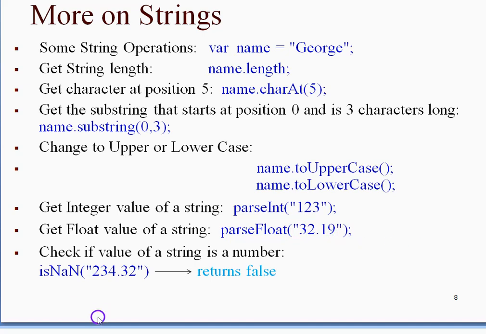So you can parse this as a floating point number, and then it will be the real number 32.19. You can also check whether an argument that may be a string or a variable is a number or not. The function isNaN stands for is not a number. So this one here is a number, or it can be interpreted as a number, and therefore this one will return false.